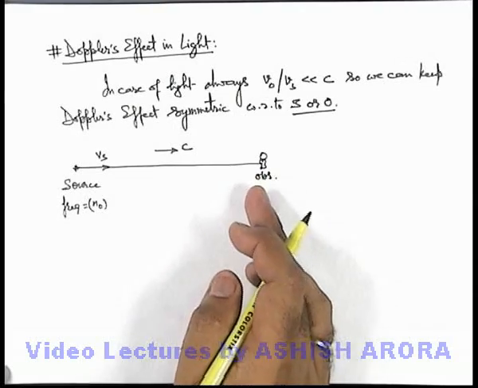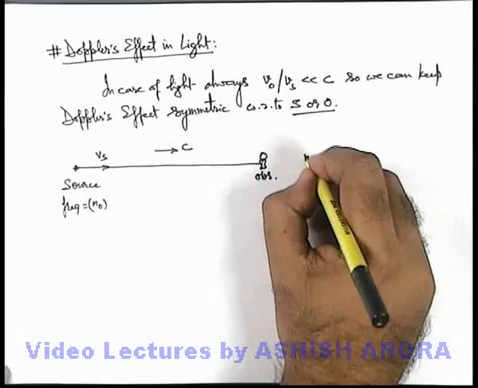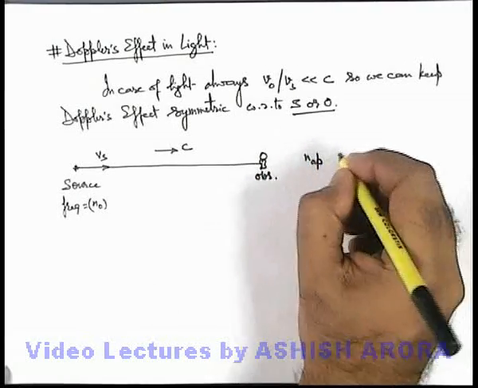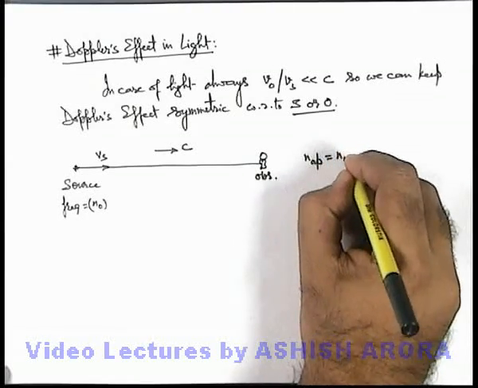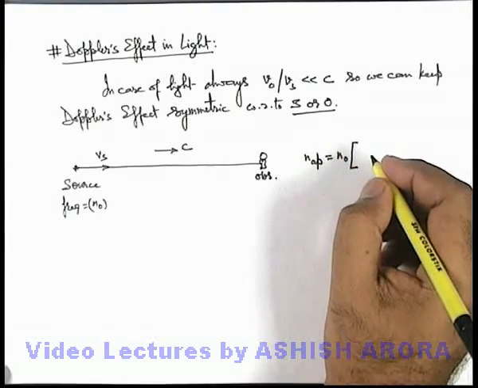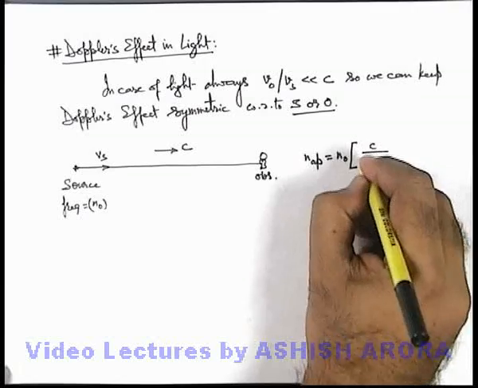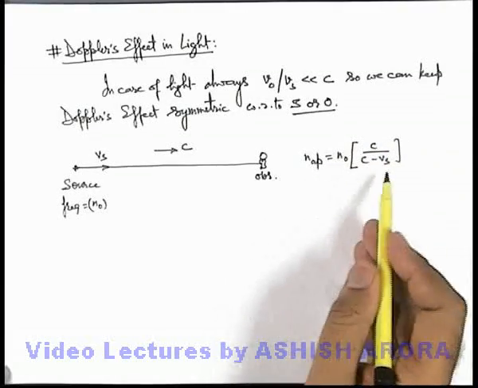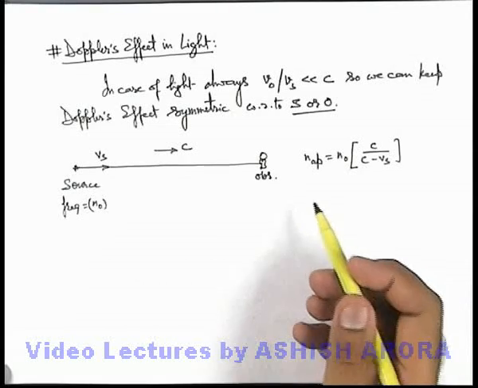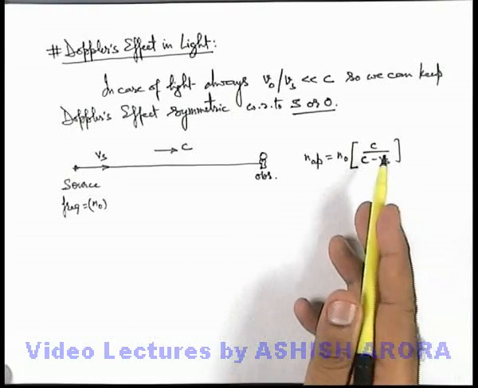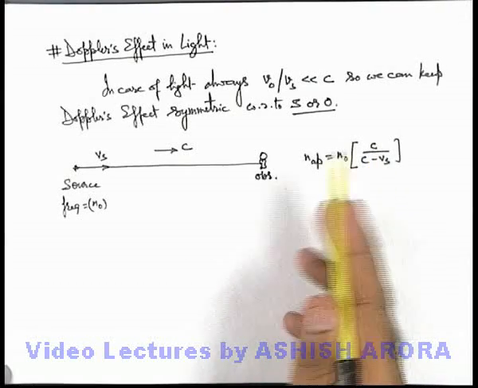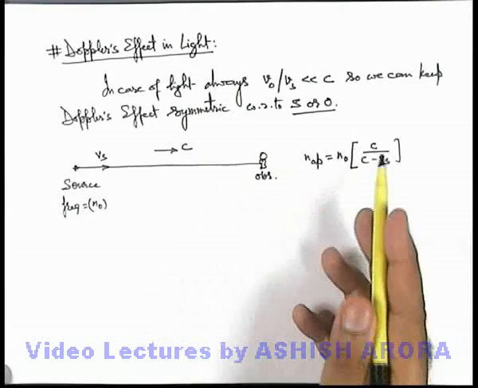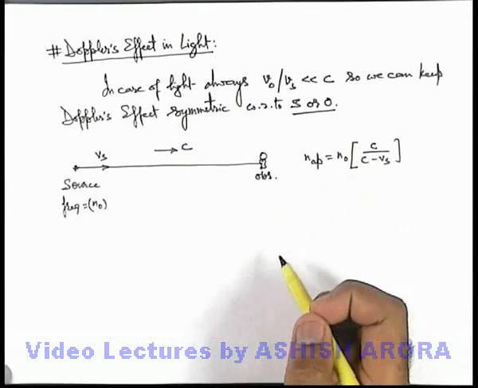So the apparent frequency of light detected by the observer can be written as n0 multiplied by c upon c minus Vs, as per the relation we obtained in the previous cases of Doppler's effect in sound. The only difference is that here c represents the speed of light; in the previous case it was the speed of sound.